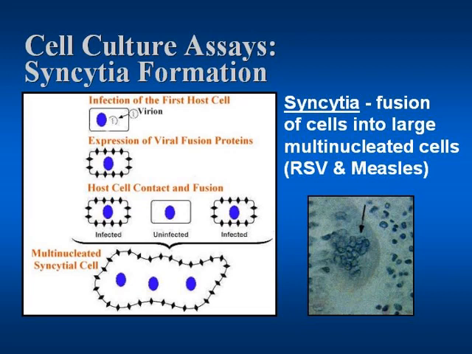This is the cytopathic effect in respiratory syncytial virus and measles virus, because the virus-infected cell expresses viral fusion proteins on its surface. Due to these fusion proteins, the infected cell will fuse with an uninfected cell, and another infected cell, leading to the formation of a multinucleated syncytial cell.